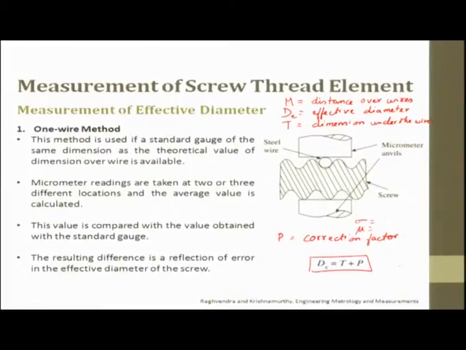So, we have to find out this P for various methods. If we want to measure T, T is nothing but M minus 2D, where D is equal to the diameter of the best wire.